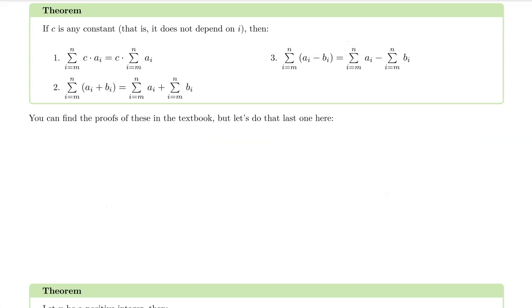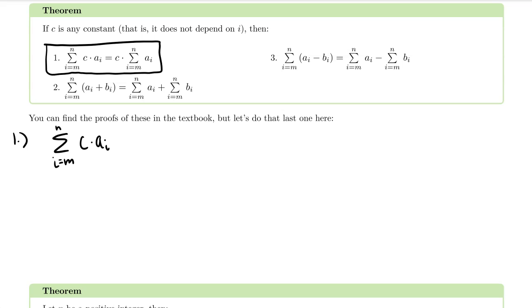Let's just take a quick moment to prove the first part of this theorem. I know it says we're going to prove the last one, which we just did, but why don't we spend some time proving the first part of the theorem as well? So I have the summation from i equals m to n of c times a sub i.